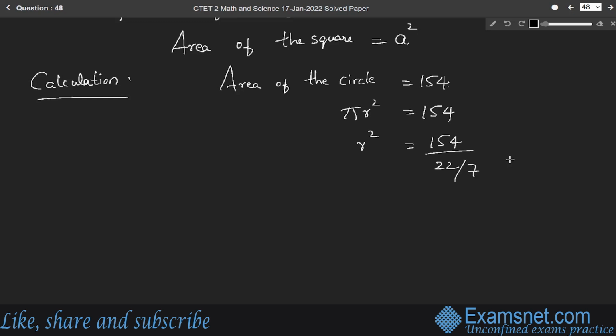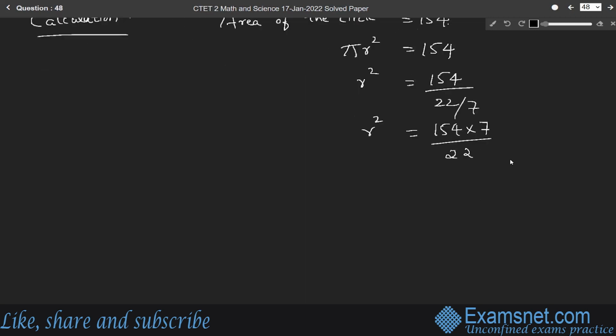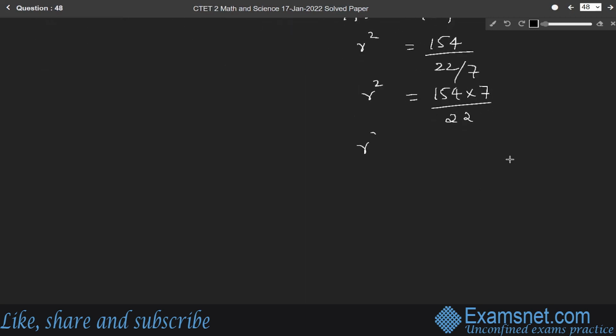Right? Therefore, r square is equal to 154 into 7 divided by 22. So 22 into 7 is 154. R square is 7 into 7. Therefore, radius of the circle is 7 centimeter.